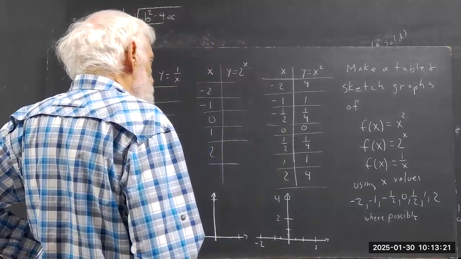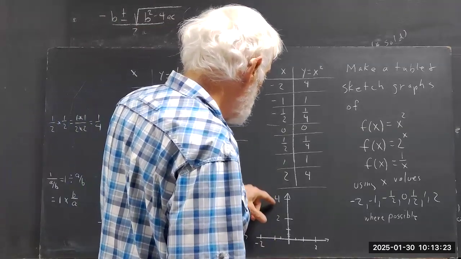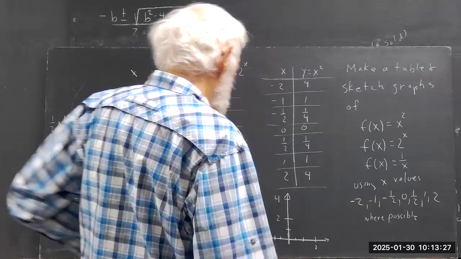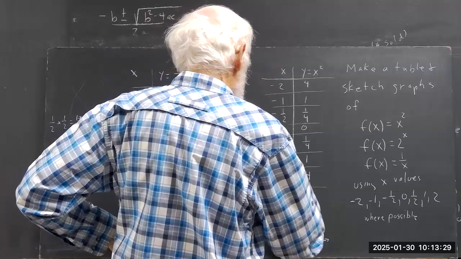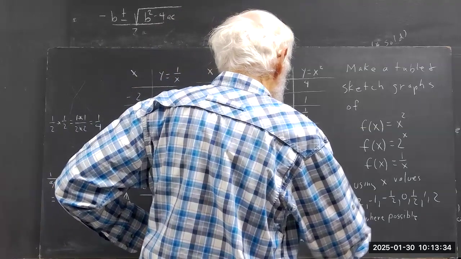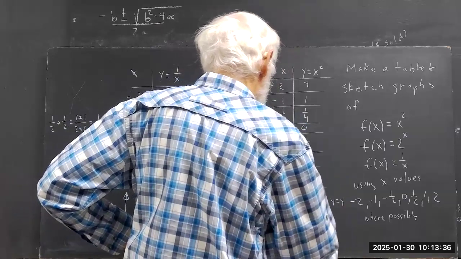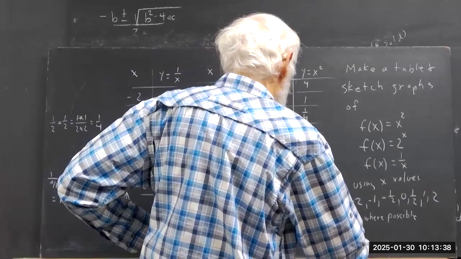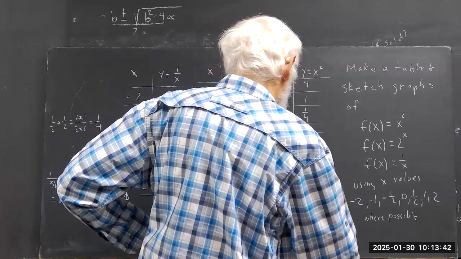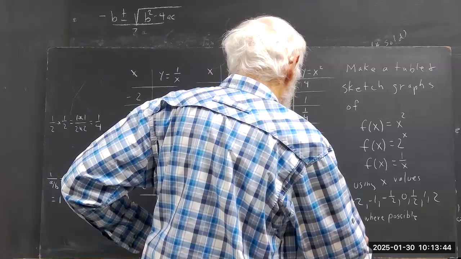I also often don't like labeling things right next to the axis. I kind of prefer to do something like this. I draw the lines, y equals 4, y equals 2, y equals 1.